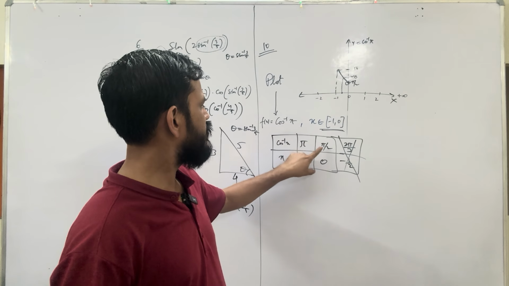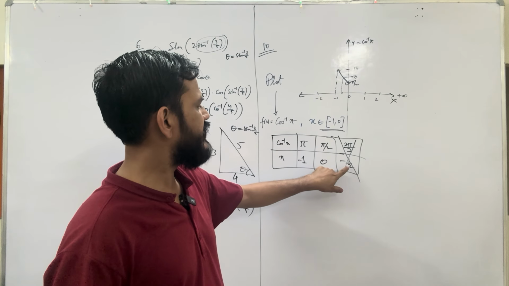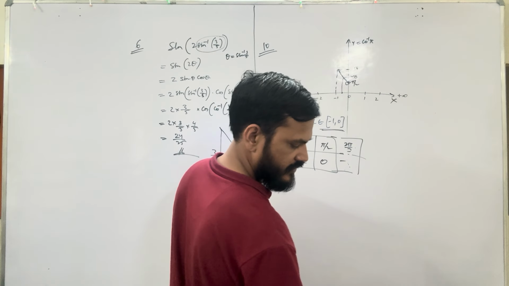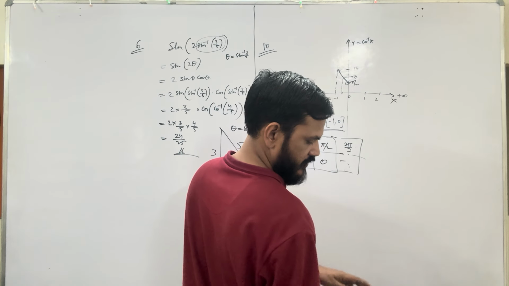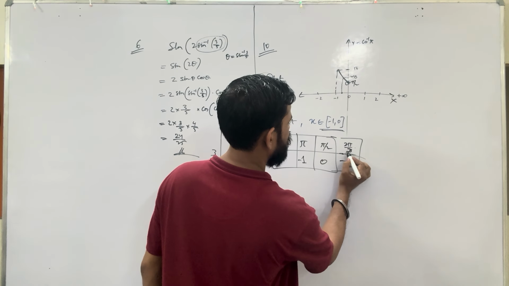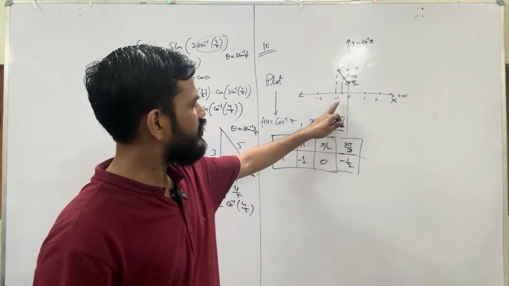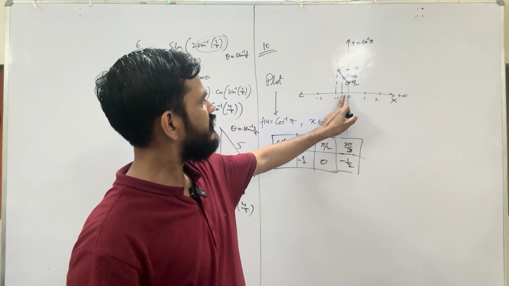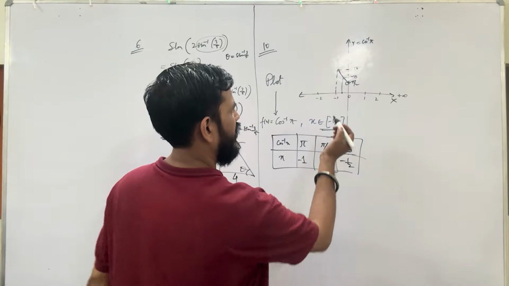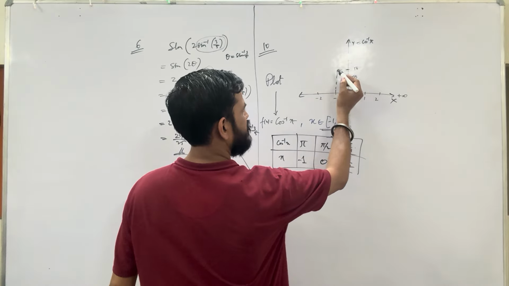When x equals 0, cos inverse is pi by 2. When x is minus half, the value of cos inverse will be 2 pi by 3. So I put these values: minus 1, pi; minus half, 2 pi by 3; and 0, pi by 2. And the curve that we obtain is this. So this is the curve we get.